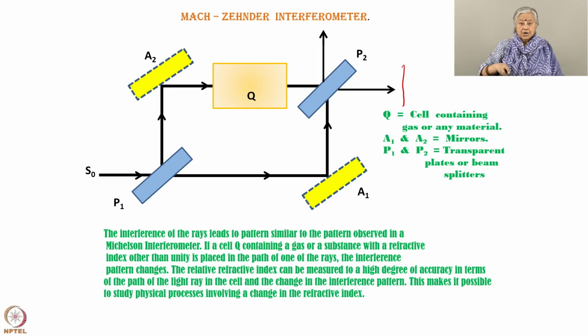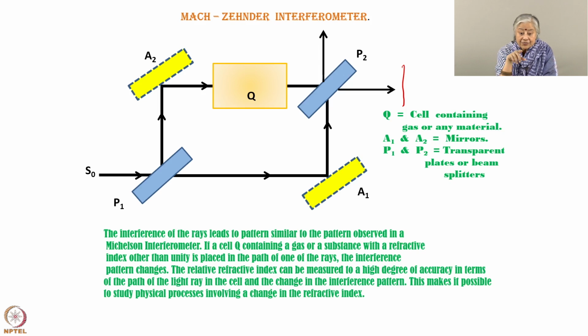Now I introduce this element here, the cell Q, which can be filled with almost anything you like. The moment this is introduced, you will see a change in the interference pattern. It is that change which you are trying to measure, and if you measure that change, you will get an idea of what is there in that cell Q.